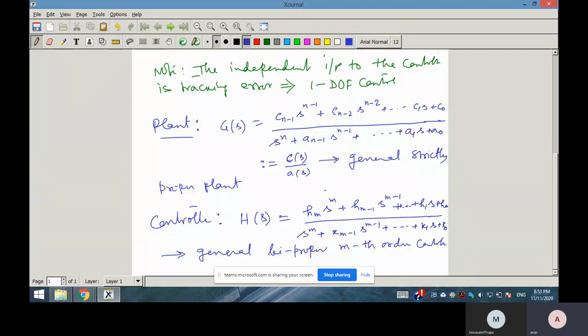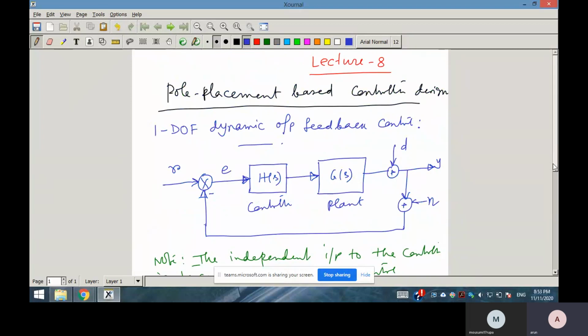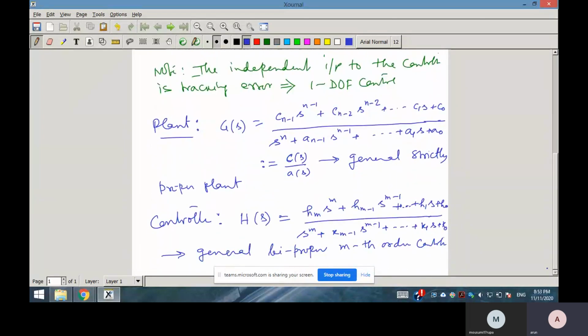It is deliberately made biproper so as to have the maximum number of control gains for a given order of the controller. So that's why this controller is made biproper.